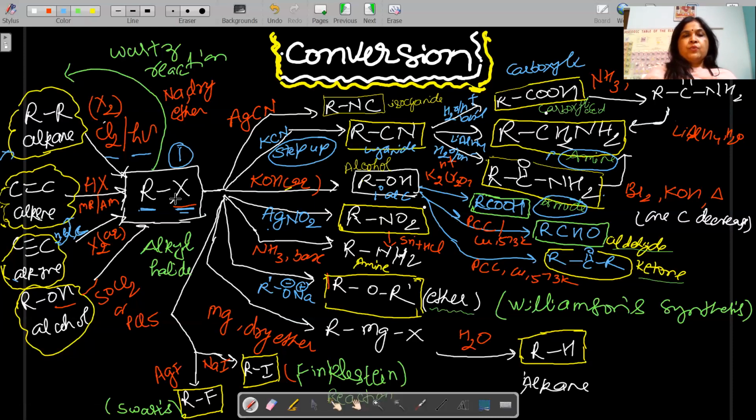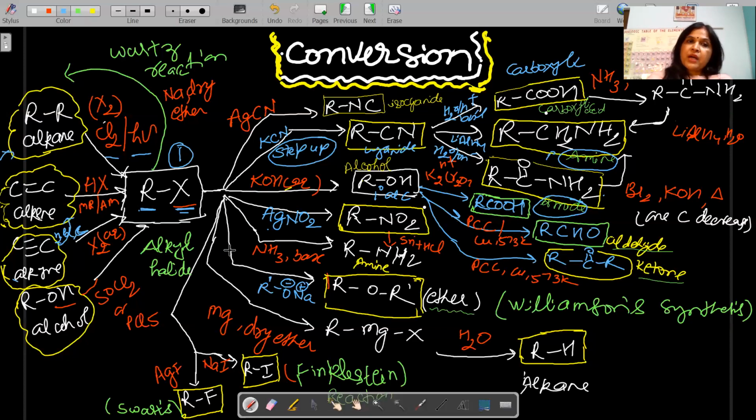So from alkyl halide to amine we can get by two ways. One, either by using AgNO2 and then reducing, or in alkyl halide we can directly add ammonia and base, we can get amine.